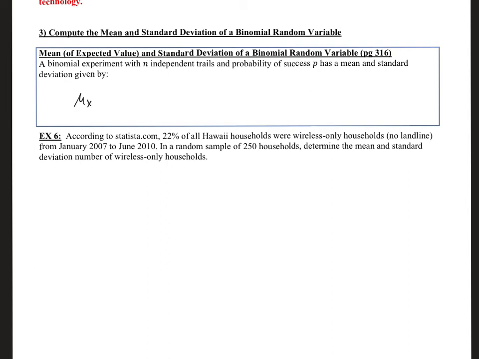The mean of capital X is going to be n times p, so your number of trials times p. Then our standard deviation of capital X is going to equal the square root of n times p times 1 minus p, our number of trials times the probability of success times 1 minus the probability of success. So this would actually be the probability of failure, if you want to think of it that way.